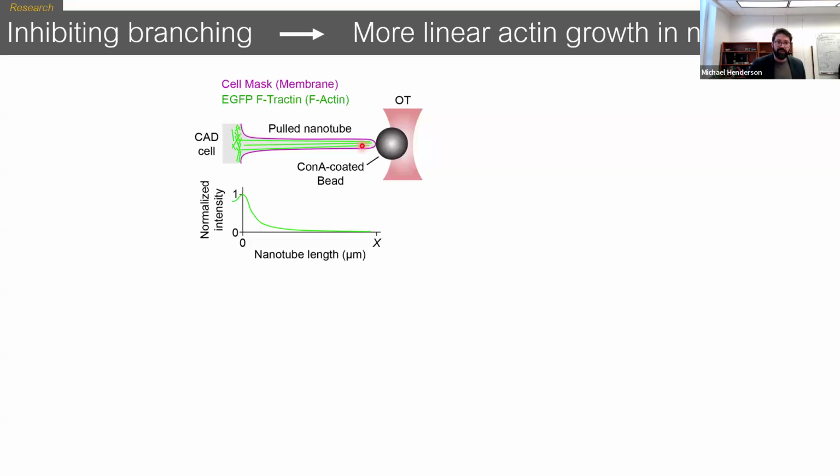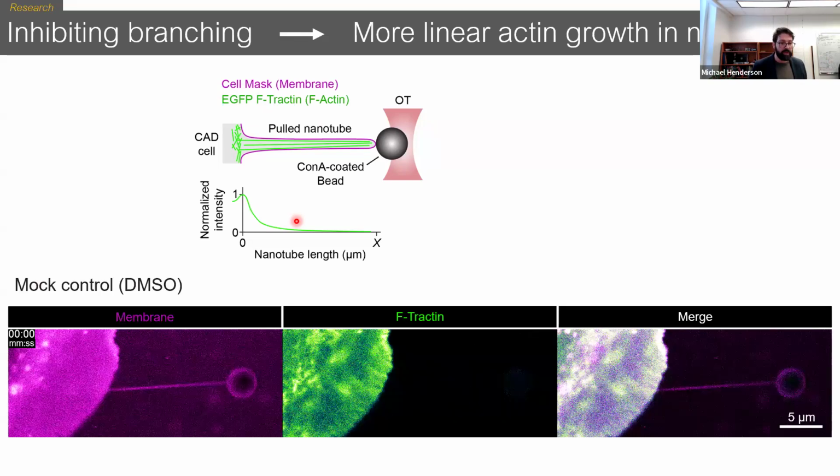And then we pull nanotubes from our cells, and we use a reporter for actin, which is a small molecule known as F-tractin. This F-tractin is fused to the green fluorescent protein EGFP. So we can visualize the amount of F-tractin, and hence the amount of filamentous actin, that we have within these pulled nanotubes as a function of the amount of CK666 that we put into the system.